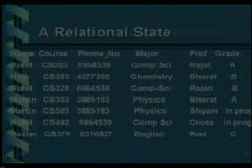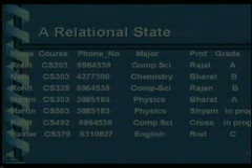Let's look into one particular state of this relation. Rohit, Matt, Rohit, Martin, Rohit and Baxter. They have taken different courses, course codes, their phone numbers. You can see the redundancy.